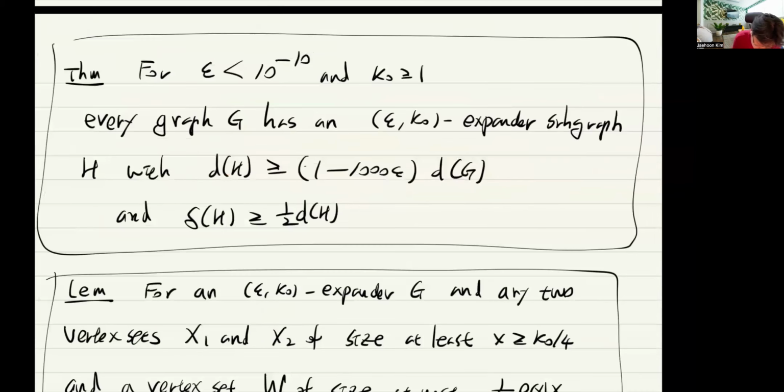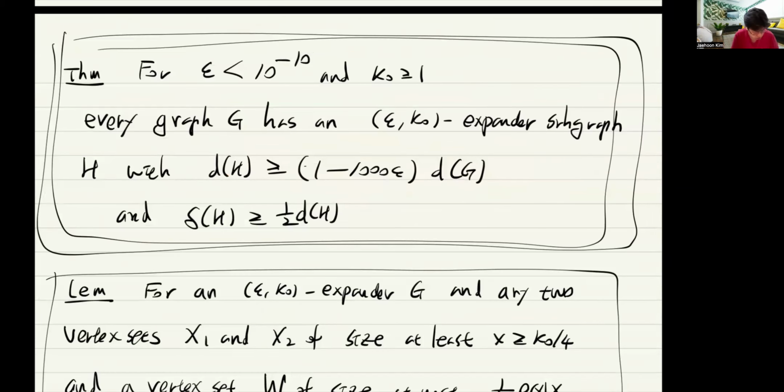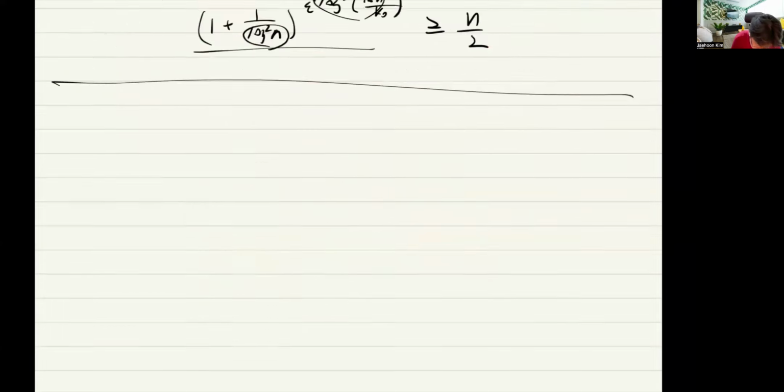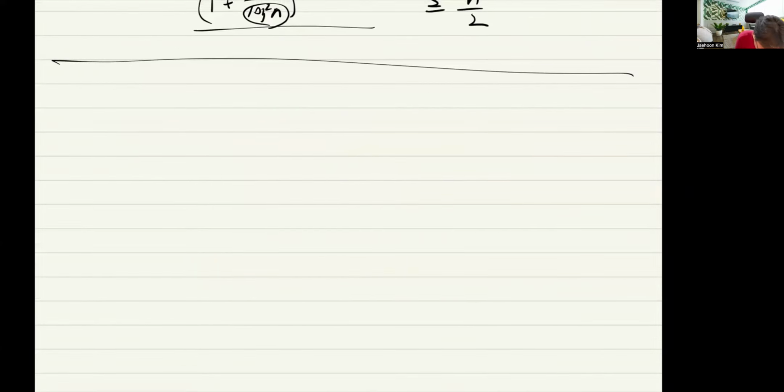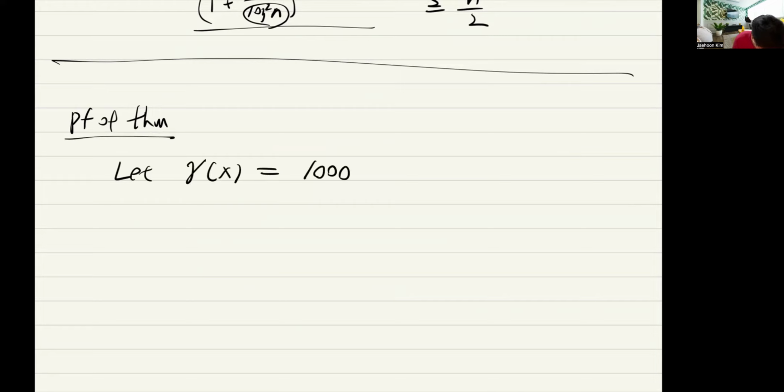And the first theorem, we can also prove this. Consider a function gamma. Gamma of x is like some 1000 times the integral from u equals x to infinity of rho(u) over u du.